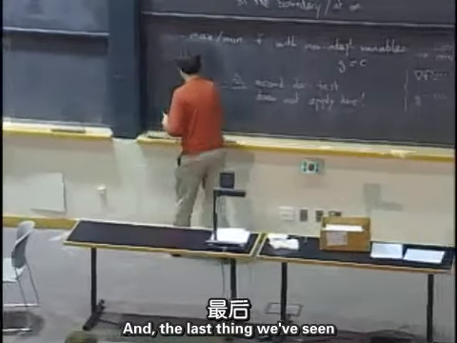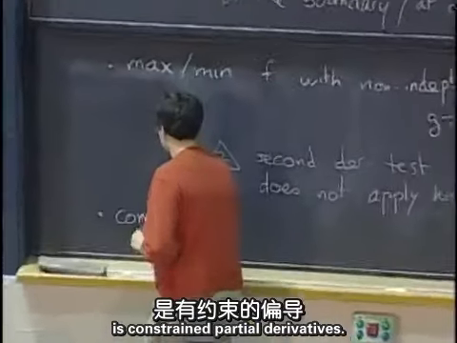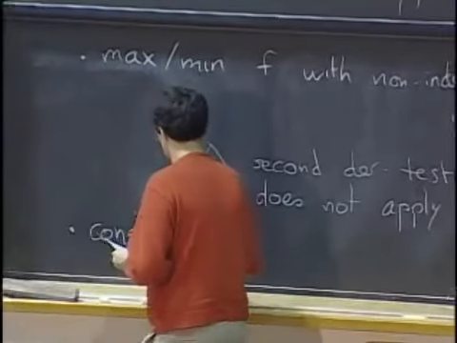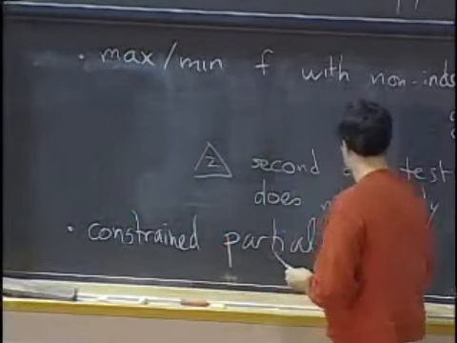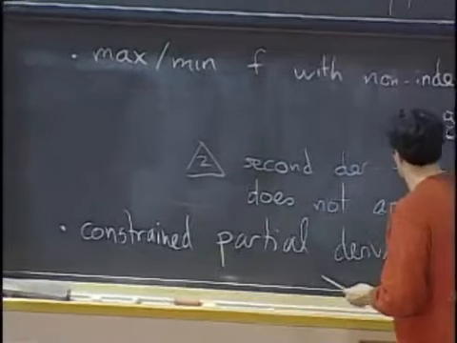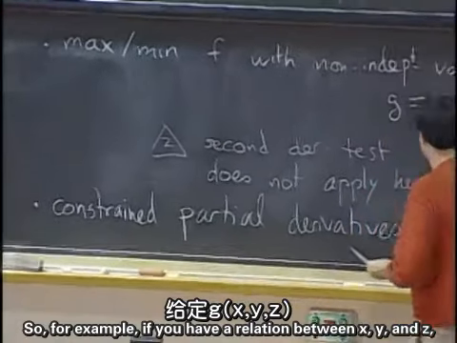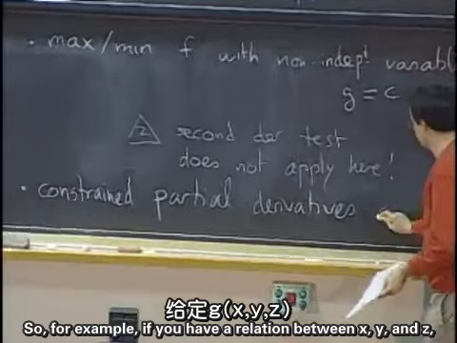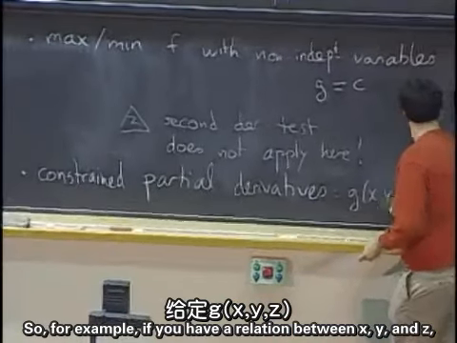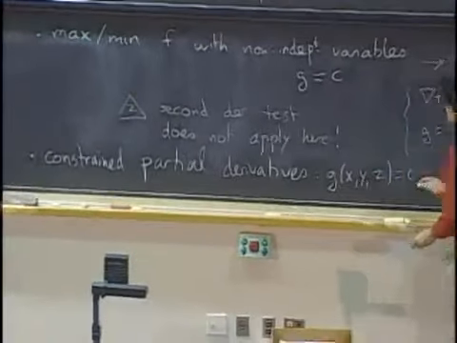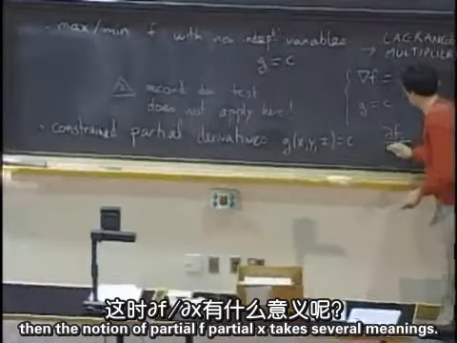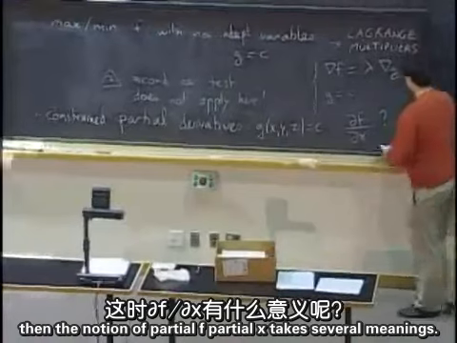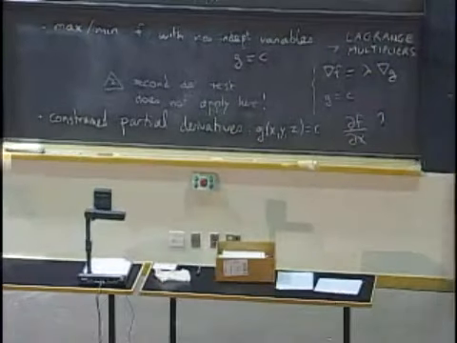And the last thing we've seen is constrained partial derivatives. So for example, if you have a relation between x, y, and z, which are constrained to be a constant, then the notion of partial f, partial x takes several meanings.